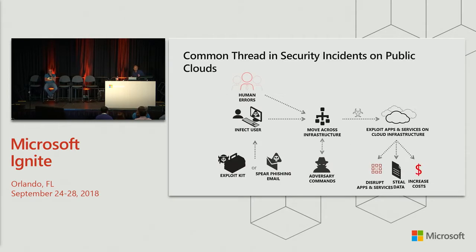So if I take the same thing and move it to the cloud and say, what are the different things I can expect? Relative to on-prem environments, human errors play a much bigger role in public cloud security issues, right? This can be either misconfiguration of your cloud environment itself, not enabling role-based access control, everybody's a super admin, things like that.